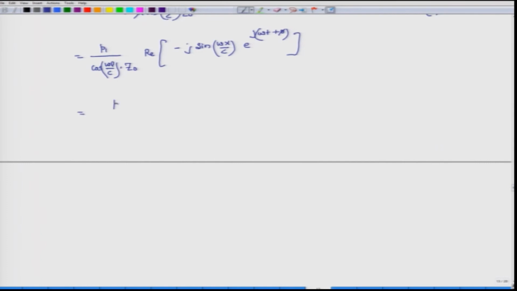This is equal to P1 divided by cosine omega L over c times z naught, real of minus j sine omega x over c, and this thing is cosine omega t plus phi plus j sine omega t plus phi.